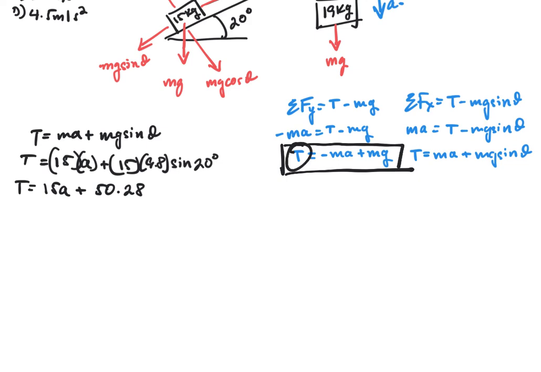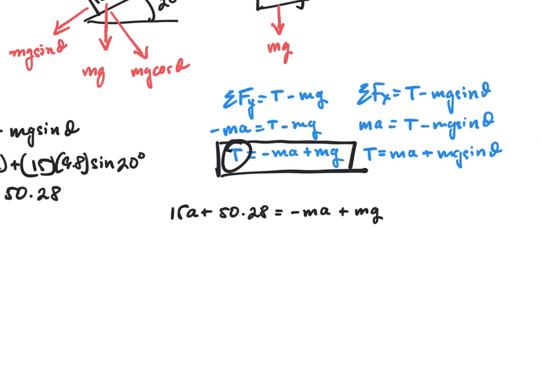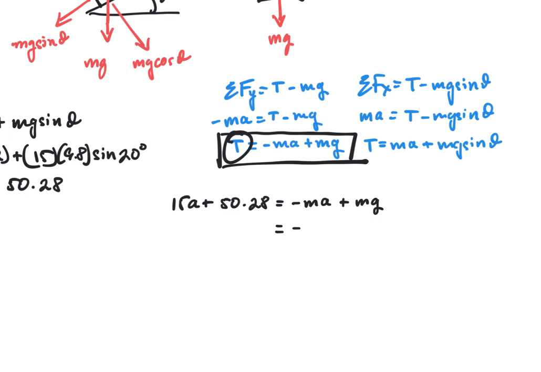So 15a plus 50.28 equals minus ma plus mg, which equals 19a plus 19 times 9.8.